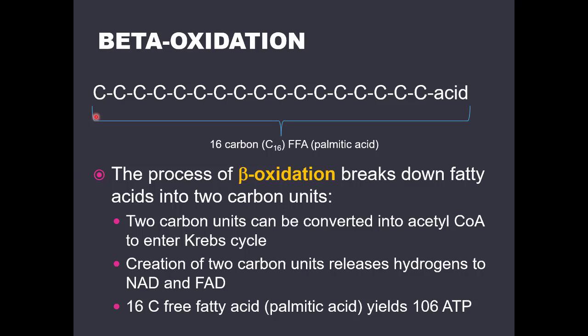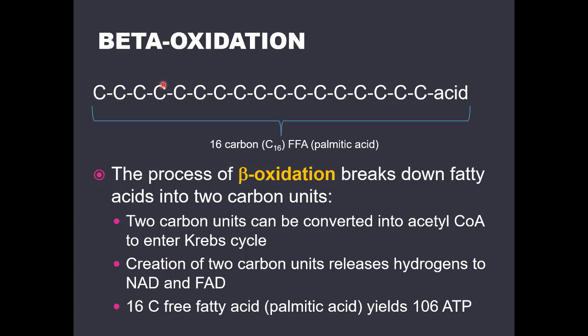There are multiple types of fatty acids, primarily distinguished by the length of their carbon chain. For example, shown here is the most common endogenous fatty acid, palmitic acid, which is a 16 carbon fatty acid, meaning there are 16 carbons within this fatty acid chain.